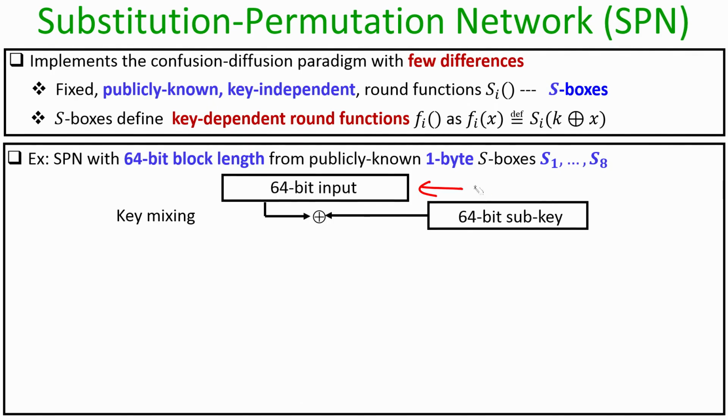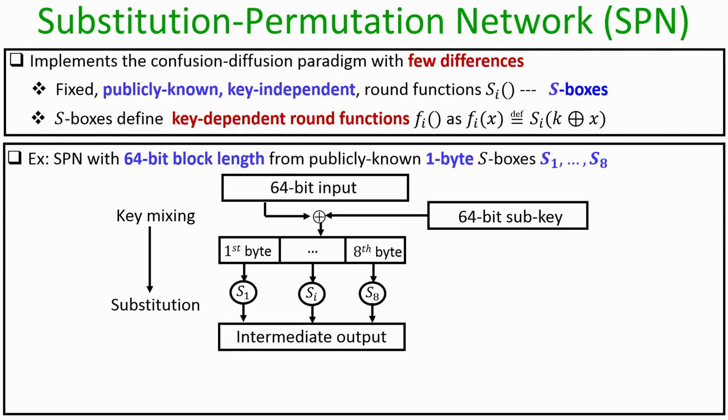The first step in the SPN architecture will be the key mixing step, where we use a 64-bit subkey and mask it with my current x input, and whatever output I obtain, I parse it as a collection of 8 bytes. And now these individual 8 bytes go through the 8 S boxes which are publicly known.